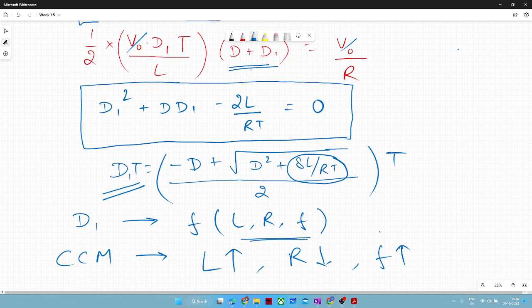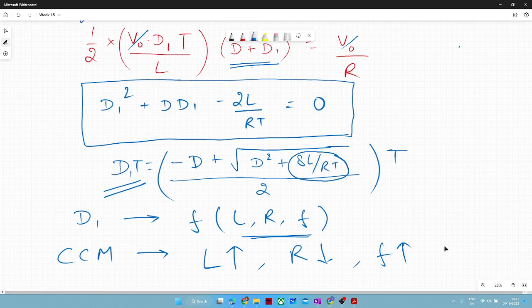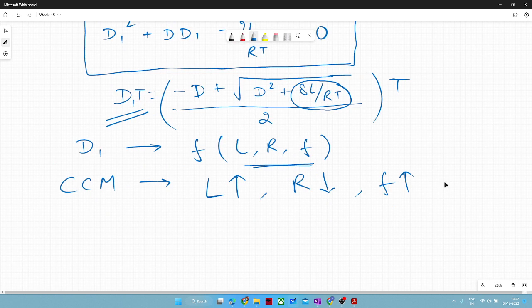Why increase the frequency? Because T will get in the numerator when we convert it to frequency, T is 1 by F, and if you increase this numerator, your D1 will increase. L is already in the numerator, so it directly affects this value. And R is in the denominator, and we all know the higher the value of the resistor or load, the lower the current is going to be, hence it will make it DCM. So this is the conclusion we got here.